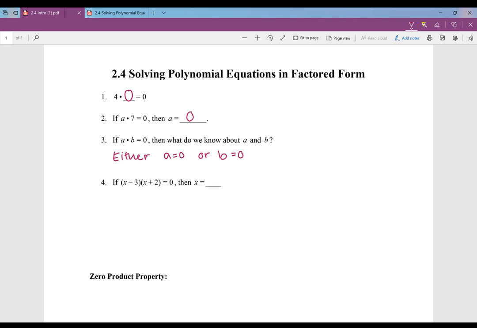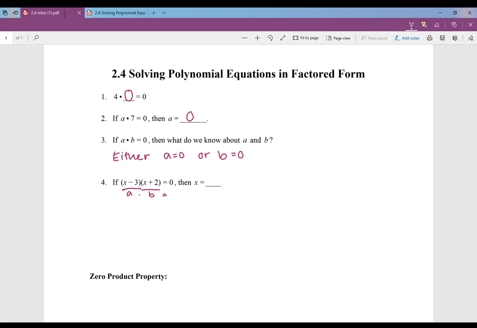Okay, so if we look at number 4, if we have a product that multiplies together and equals 0, right? We have x minus 3 times x plus 2 equals 0. Then how would we solve for x? Well, if we know that the product equals 0, we could think of x minus 3 as a and x plus 2 as b.